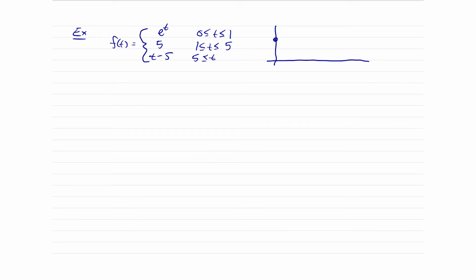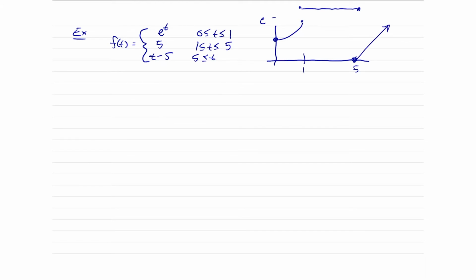So basically from here up to here is going to be an exponential, right? And it's going to stop at e. Then from 1 to 5, we're just a constant 5. 5 is bigger than e, so I'll just put it up here. And then from here, t minus 5. So at 5, we're just going to be at 0, and it's going to go like that.